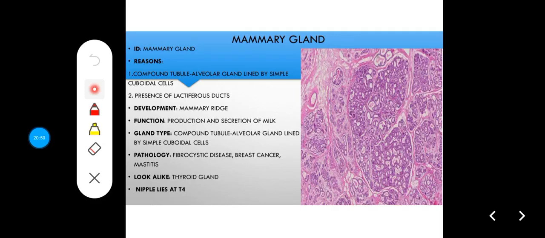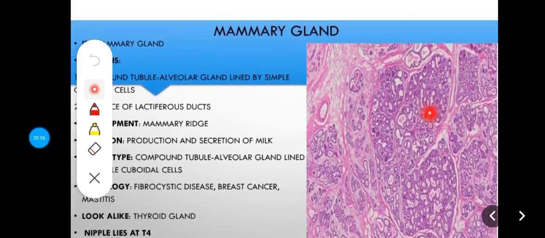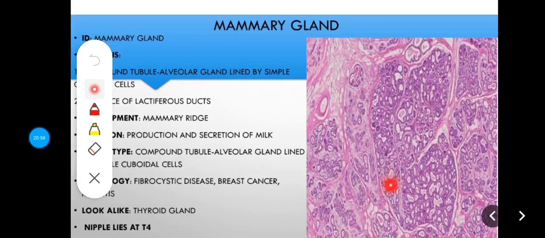So the mammary gland is easy to identify in that you see glandular structures. The glands are arranged in form of lobules, and then you can see the duct system, the ducts within the mammary gland.